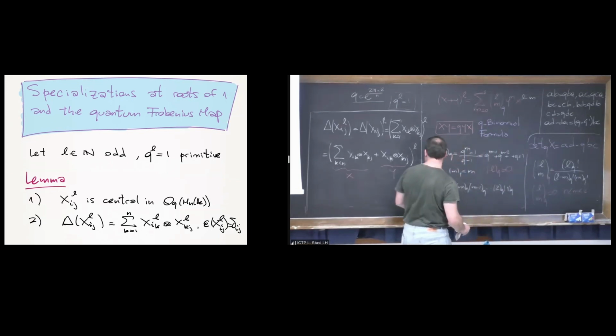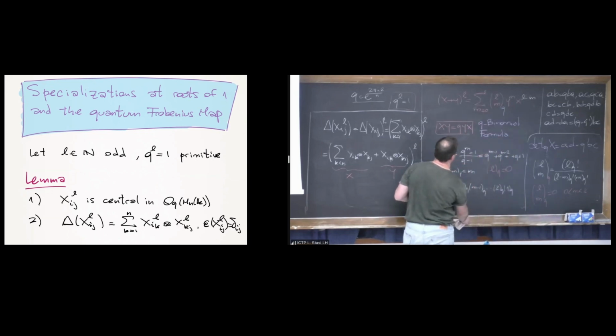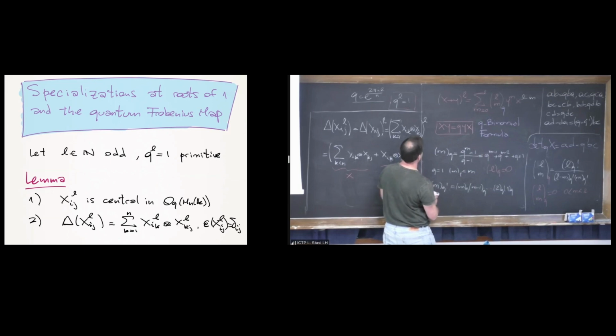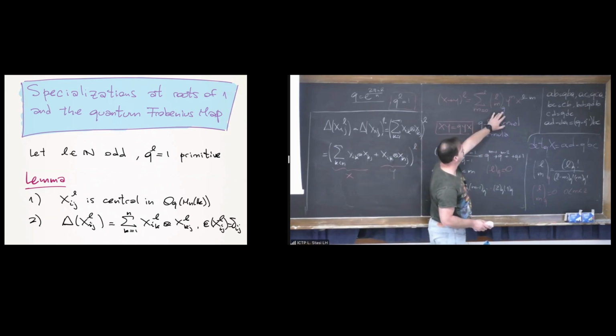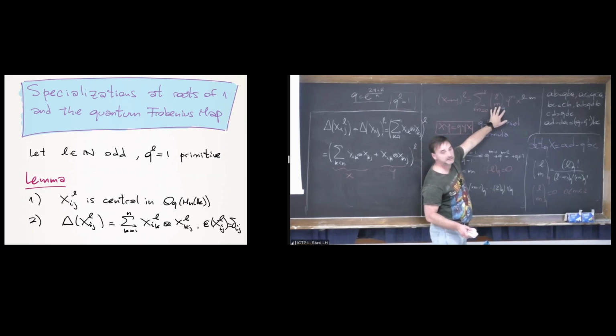So in this case, let me go back to this formula. If Q is an L-th root of unity, all the terms are 0 if M is not 0 or L. So they all go away.